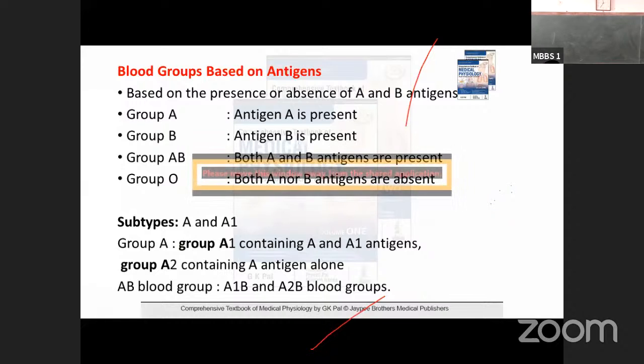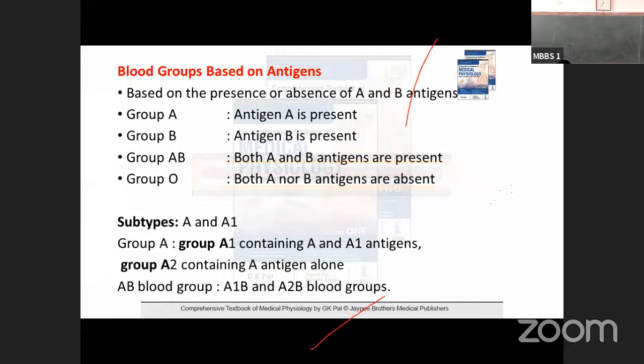In B blood group, antigen B is present and antibody A is present. In blood group AB, both A and B antigens are present and both antibodies are absent. In blood group O, both antigens are absent, and A, B and H antibodies are present.